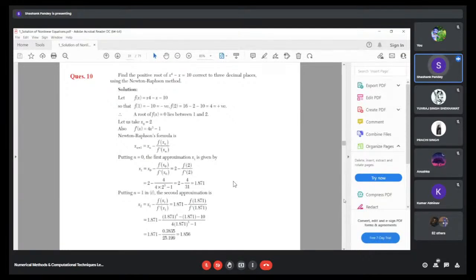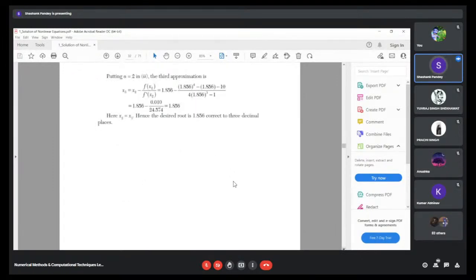Since we get x1 as 1.871, we will continue this process and obtain the value of x2, the next root, which comes out to be 1.856. Similarly, we calculate x3, and we see that x3 is 1.856, which is correct up to 3 decimal places.